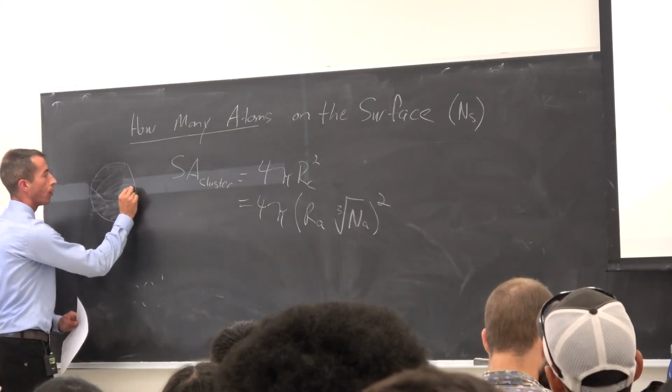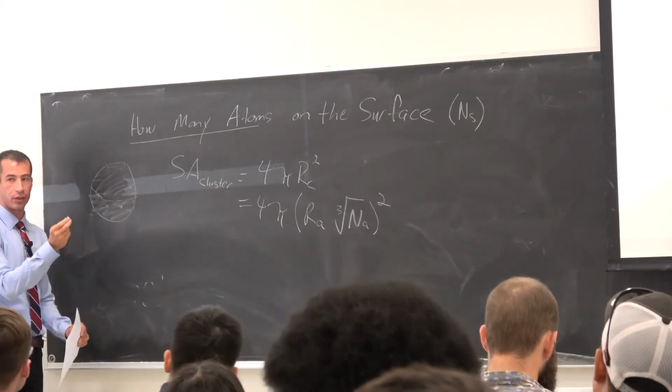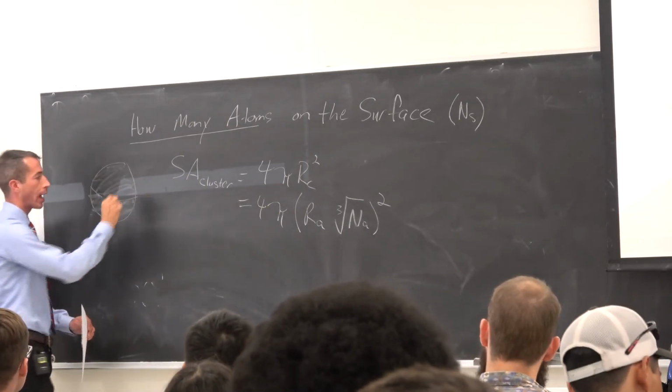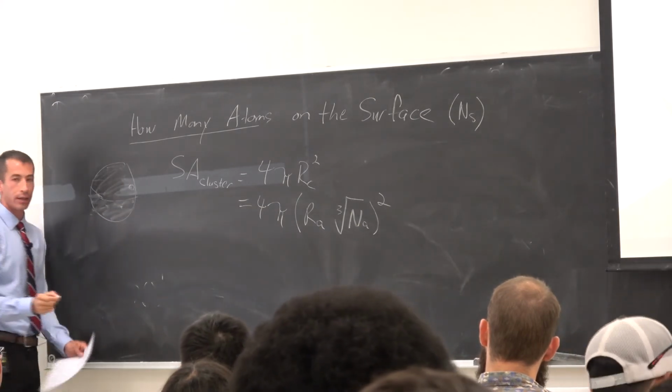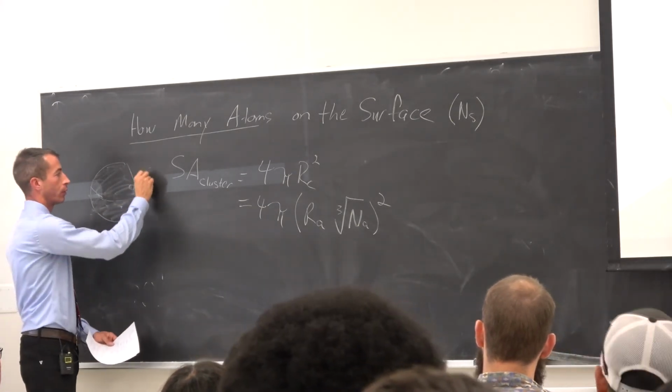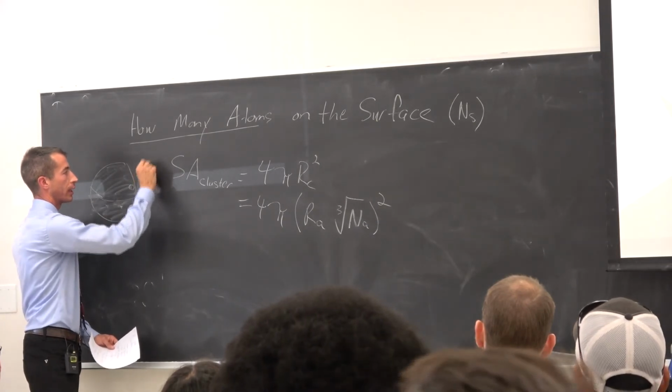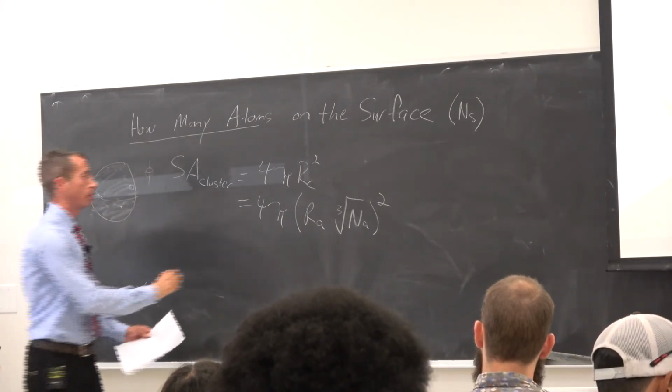Not the volume per se, but the cross-sectional area of one atom, right? So essentially the cross-section of one tiny atom is that.